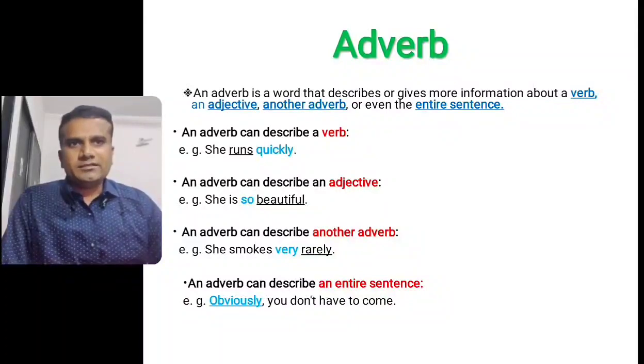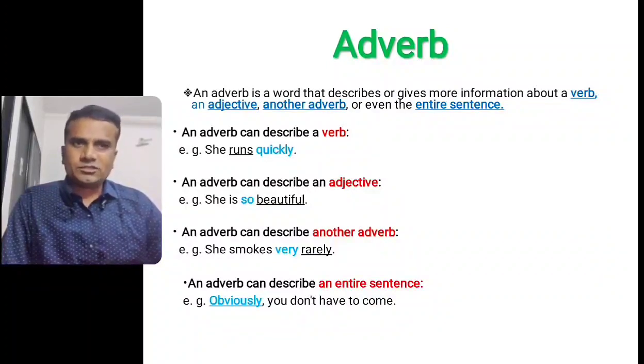The underlined adverb is rarely, and about that adverb, very gives more information. And in the last sentence, obviously you don't have to come. Here, obviously describes an entire sentence, or obviously gives more information about the entire sentence.